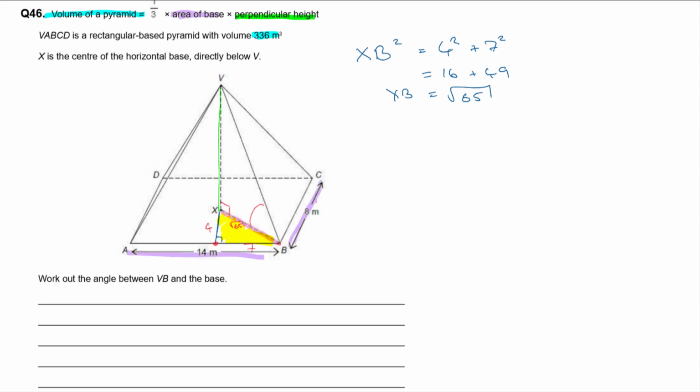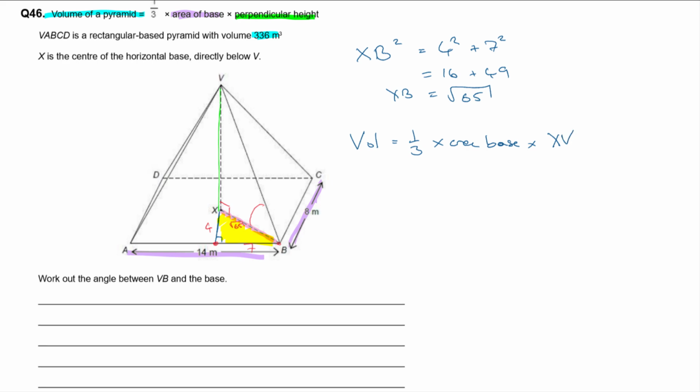So I can work out the area of the base fairly easily. So let's say the volume is equal to 1/3 times the area of the base times the height. I'm just going to call it times XV, because that's the side I'm trying to find, isn't it?